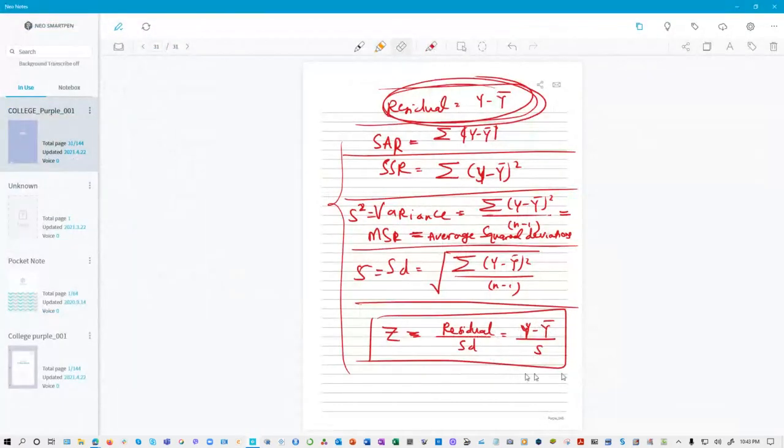The residual has been standardized by dividing by the standard deviation. What do you get? A standard score, the Z-score. Sometimes we call the Z-score the Z-value. That's a standard score.